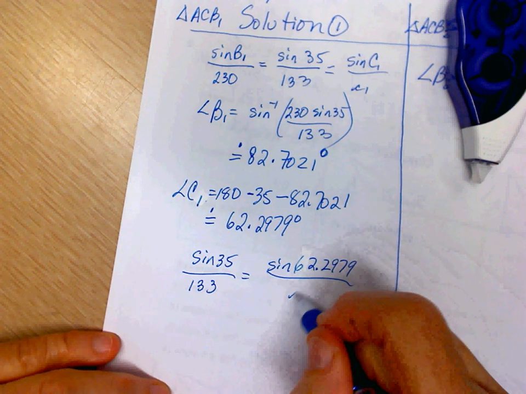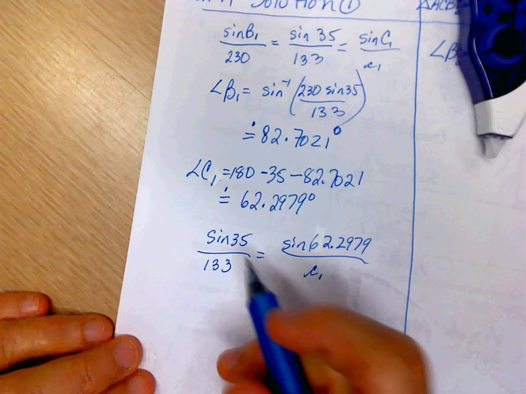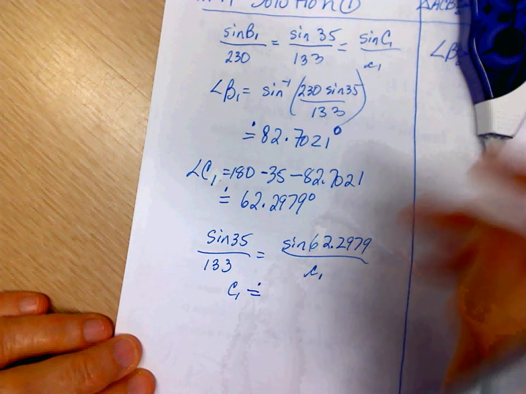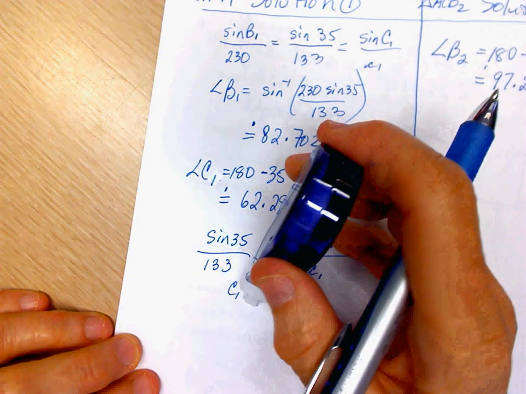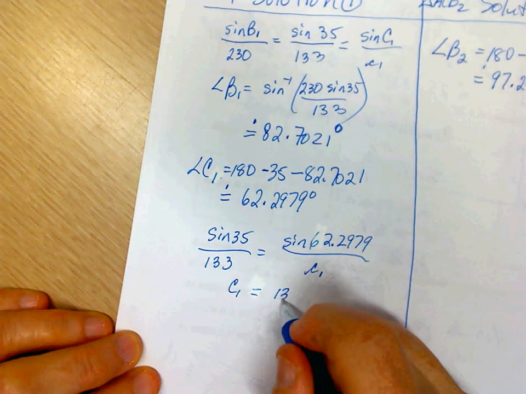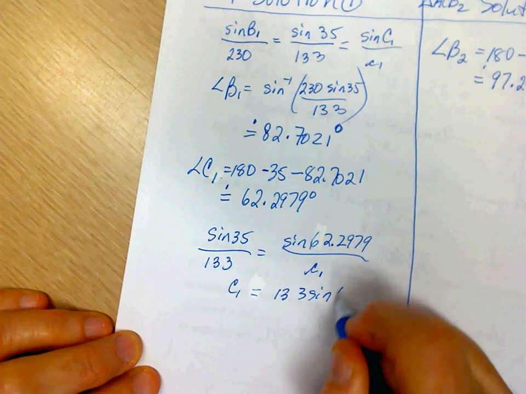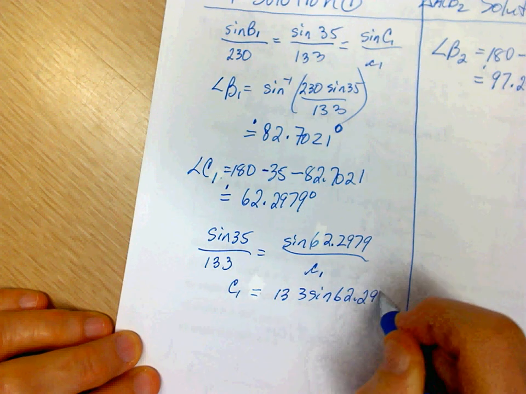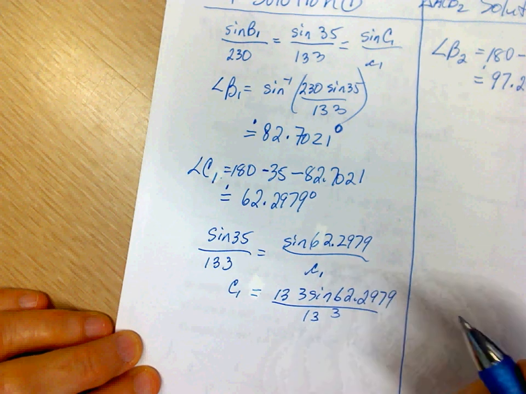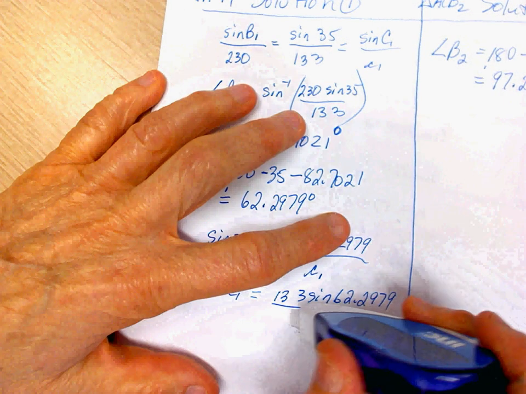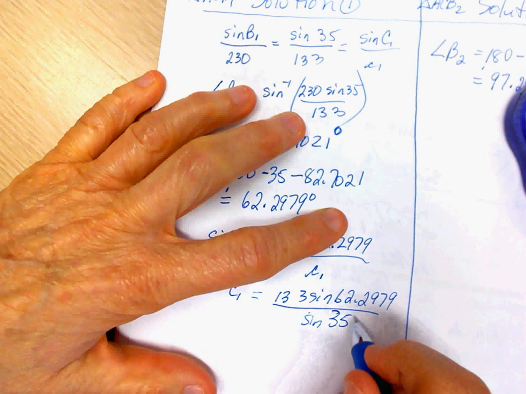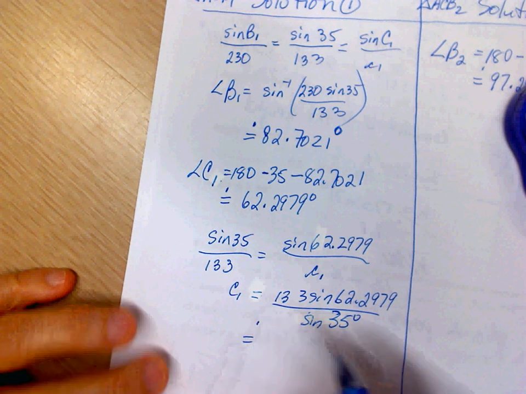So C1 is equal to 133 sine of 62.2979 over sine of 35, my bad, and that's approximately equal to 205.3.